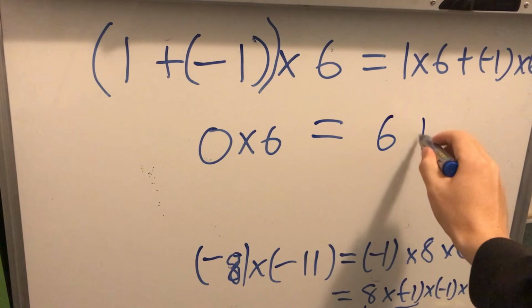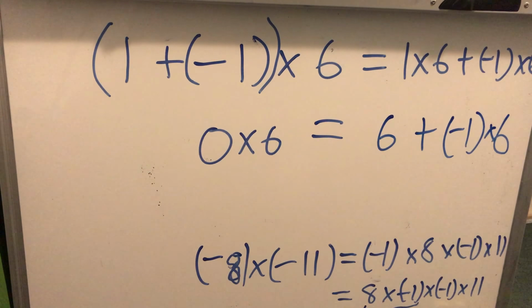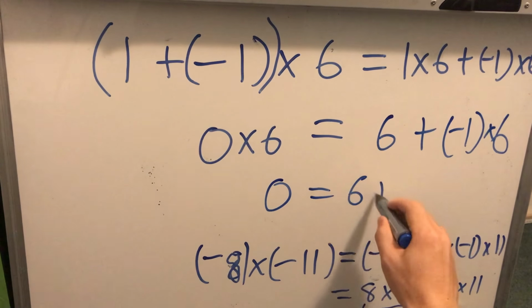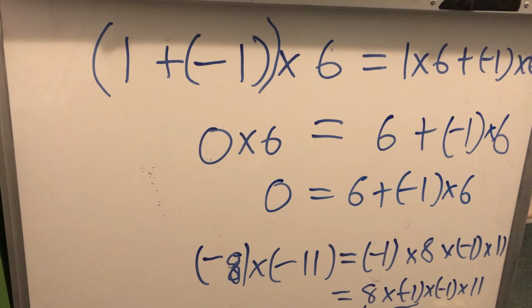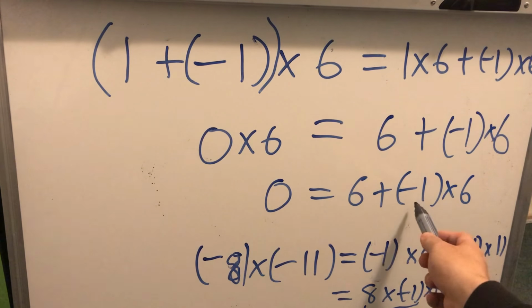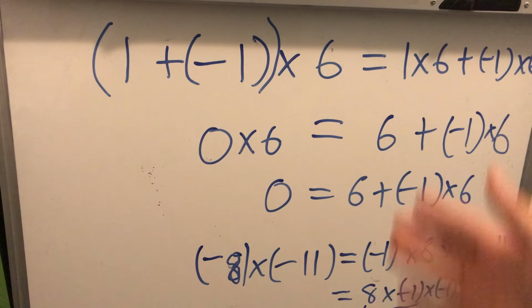So it's 6 plus -1 times 6. Okay, so 0 equals 6 plus -1 times 6. And now remember, that was the defining relation for what it means to be -6. So therefore, -1 times a number really is the negative of that number, provided this distributive law holds.